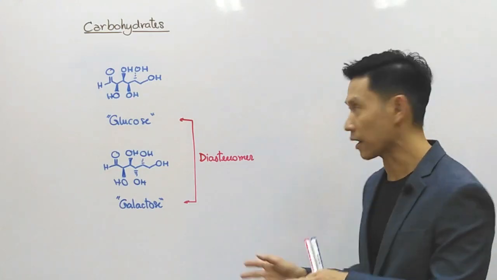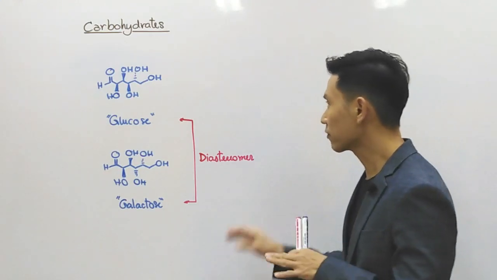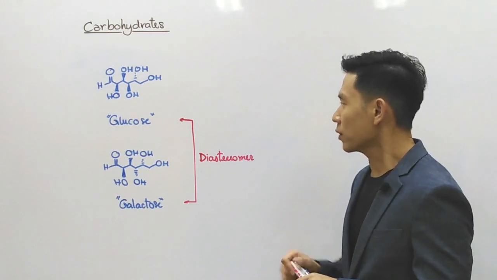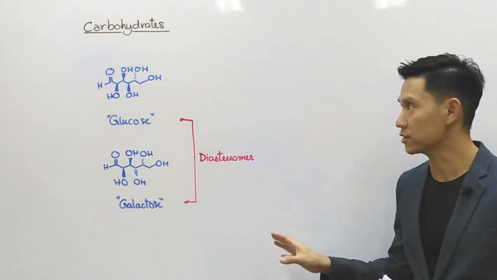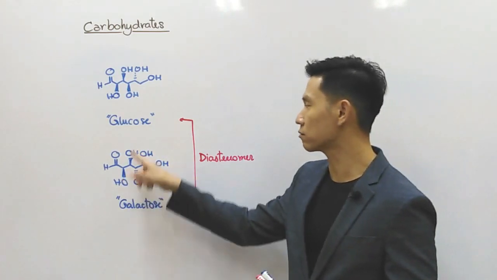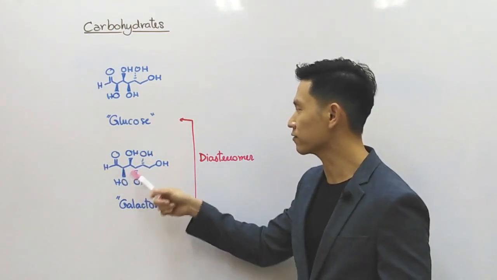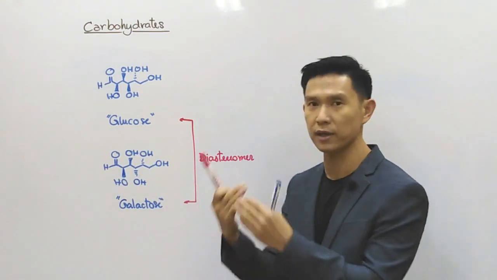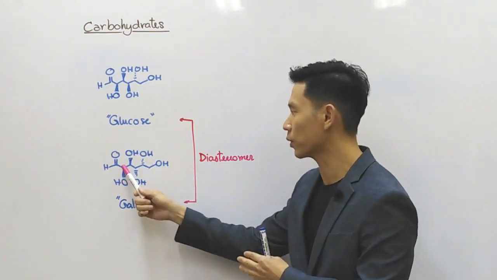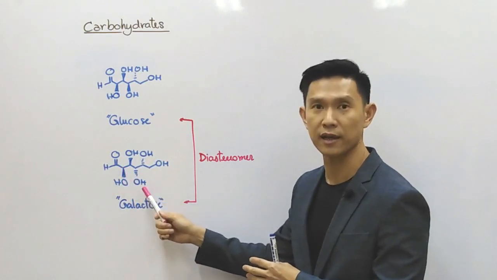I will talk about it later, but first of all, when you draw the structure of aldohexose sugar like this, you have to draw it in a zigzag structure, with the way OH points upward and downward symbolized with the bolded line and the dashed line here.